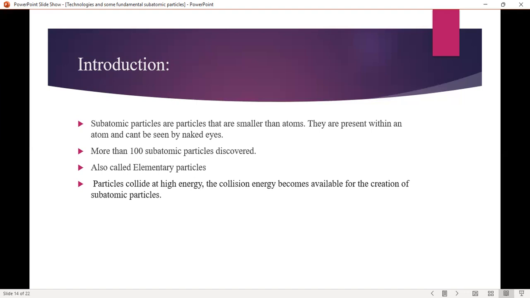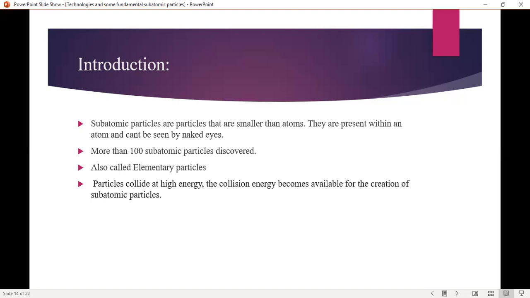These are called subatomic particles. Subatomic particles are particles that are smaller than atoms. You can say an atom is made up of these subatomic particles. They are present within an atom and can't be seen with our naked eyes. We use different instruments for seeing these particles.